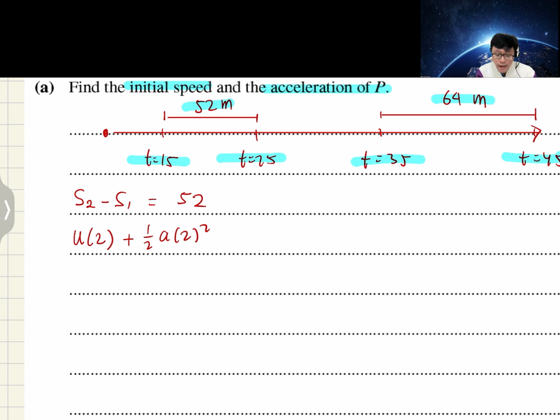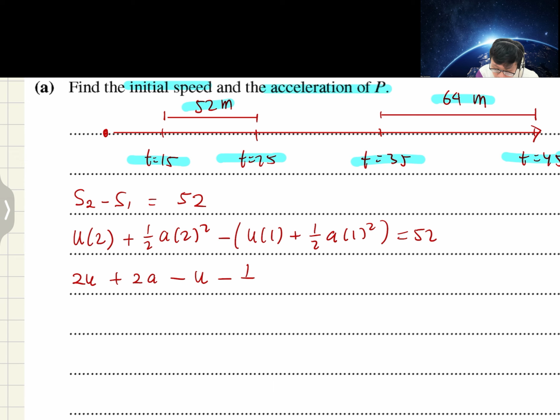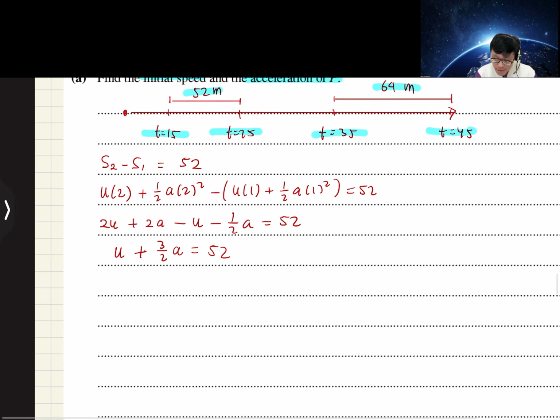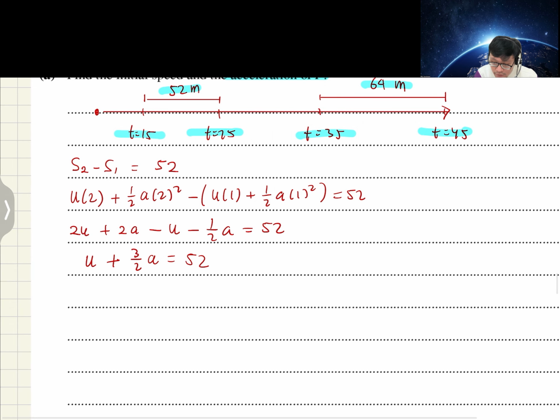Minus, for S1, U times 1 plus half times A times 1 square equals 52. So we get 2U plus 2A minus U minus half A equals 52. We can simplify: U plus 3 over 2 A equals 52. That's the first equation.